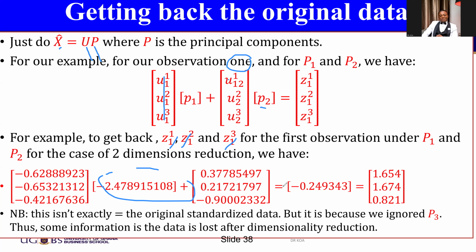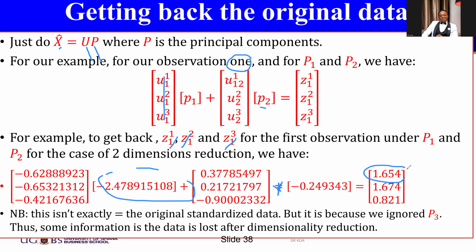This one should be multiplication; I should have removed this. Okay, so you take this one, multiply it by the second principal component, and then you add them. In a matrix, when you are multiplying and adding, you know how to do that. You add them, and that will give you this.